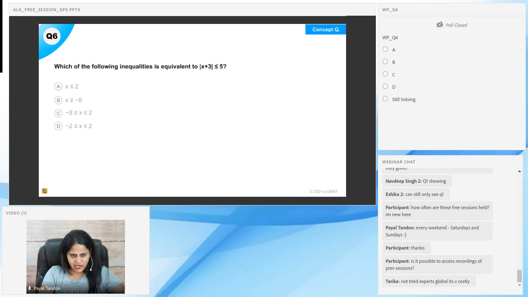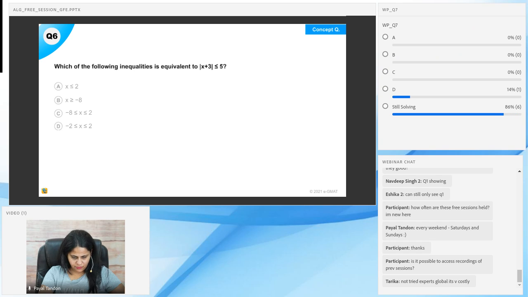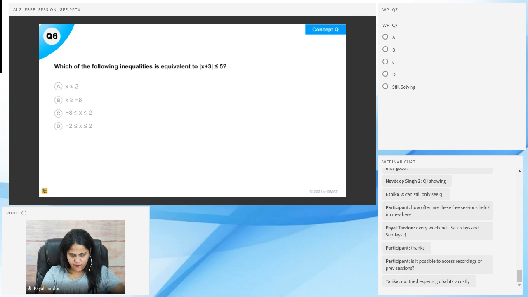And last question left. Here it is. Click on still solving, please. Okay, here is question number 7.